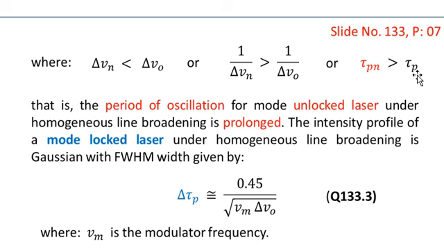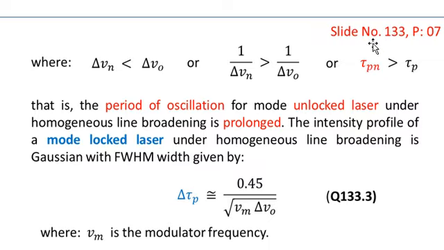Tau p is the temporal separation between the pulses that will occur in the case of the mode locked laser, and this tau pn, represented in red, is again the temporal separation between the pulses when the modes are unlocked.